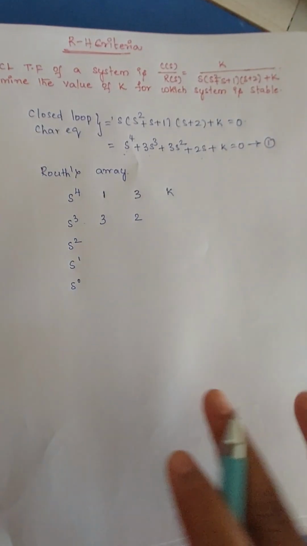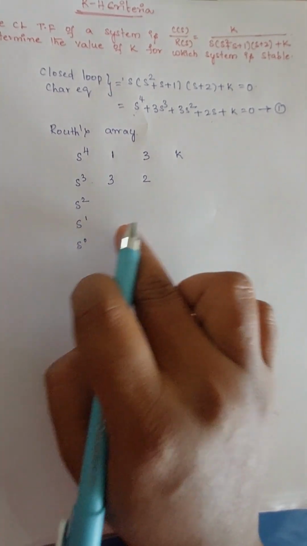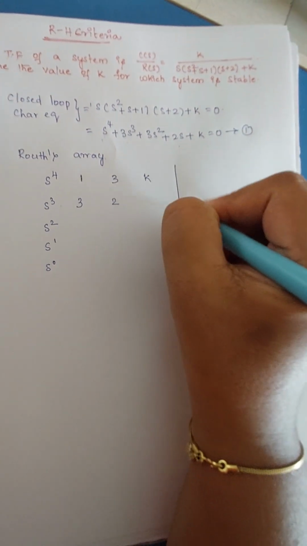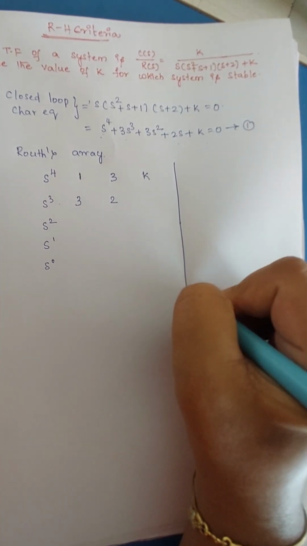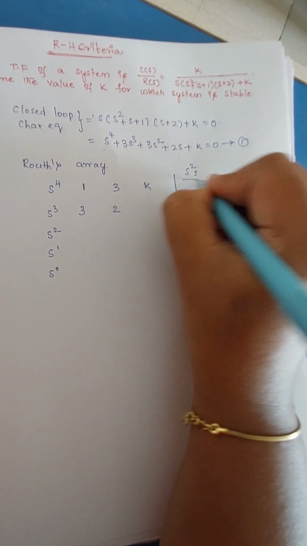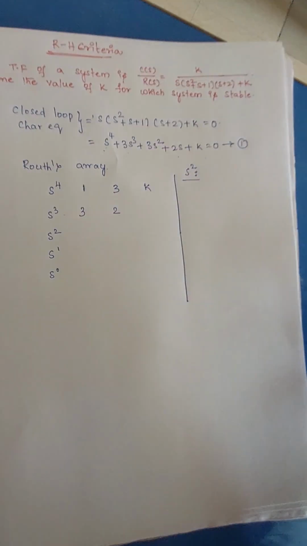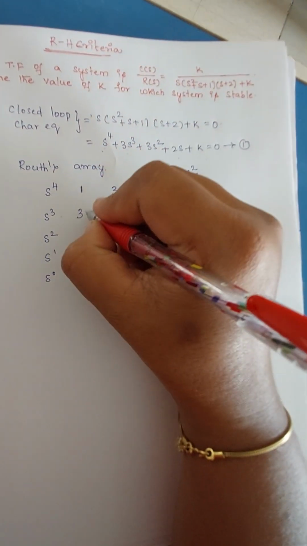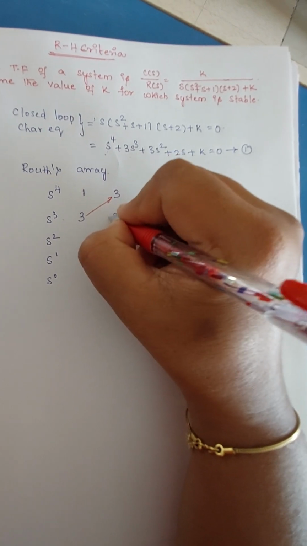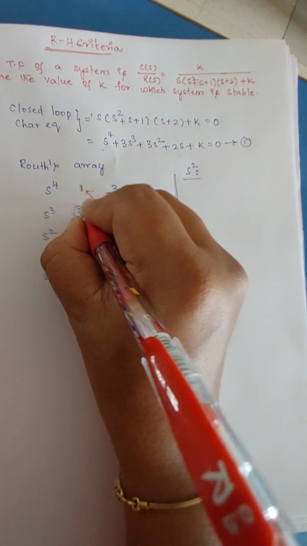Next we need to form the remaining rows: the s² row, the s¹ row and the s⁰ row. First we formulate the s² row. We multiply this term with this term, and this with this, divided by this term.